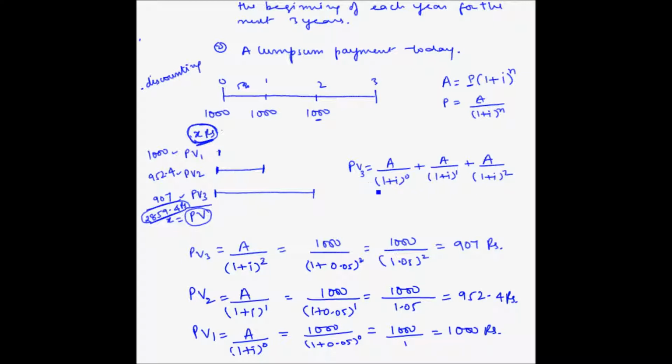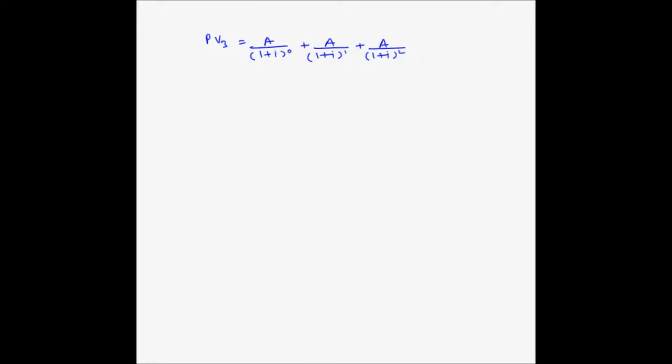So now let's try to find a generic formula for the present value of an annuity due. So let's convert this 3 to n. Then we get PVn is equal to, let's first put this term here, A divided by 1 plus i to the power n minus 1. Because in case of a 3-year annuity, since this is an annuity due, the compounding periods were 2.